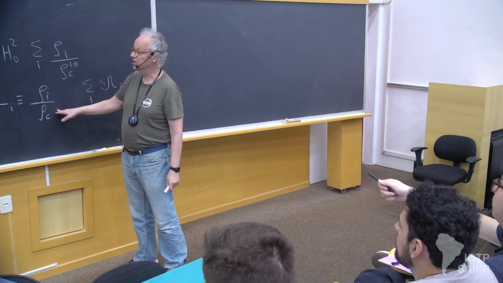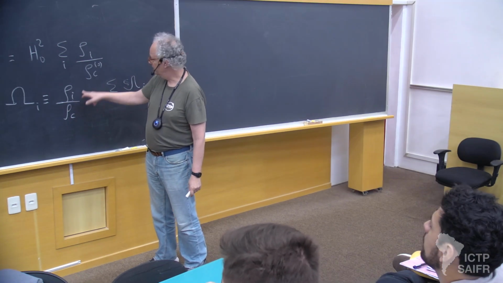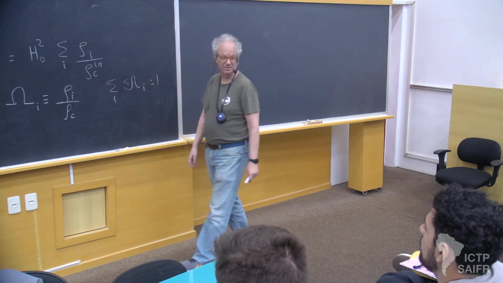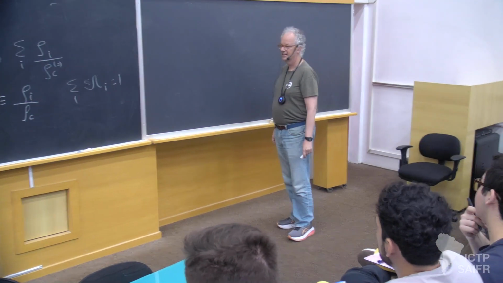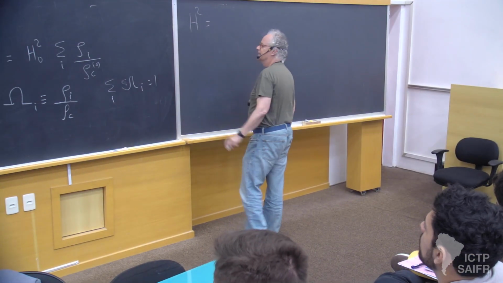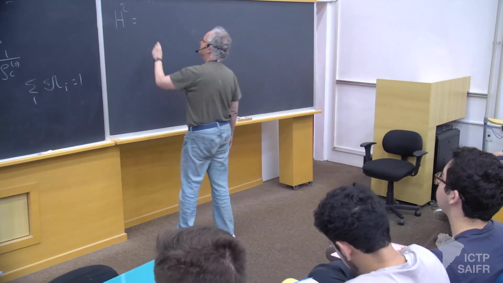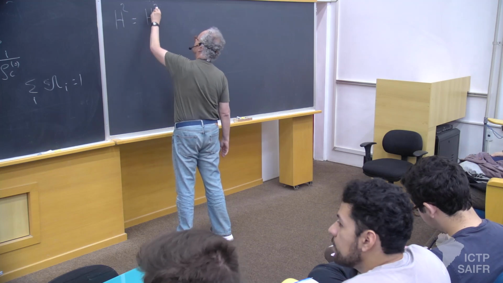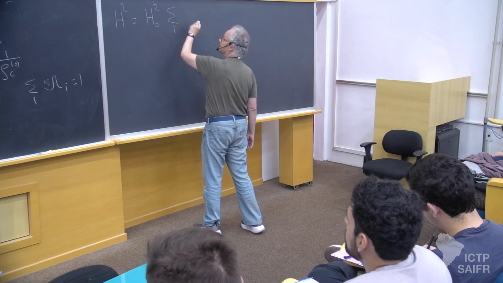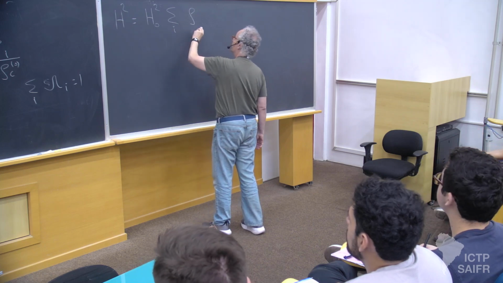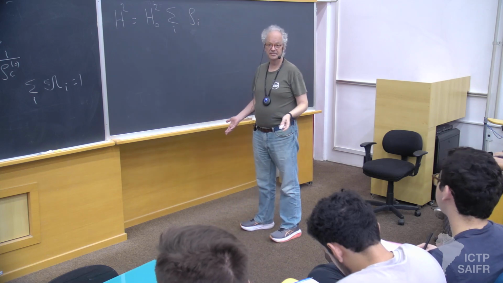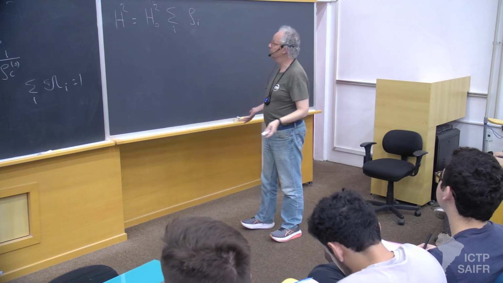So the critical density changes with time. When I put 0, it's because it's today. When I don't put the index 0, it's because it changes with time. So now what I can do is write this equation as follows. So this is the Hubble constant squared. And here, for each component, I will say that each component has an equation of state, and I assume the equation of state to be constant.